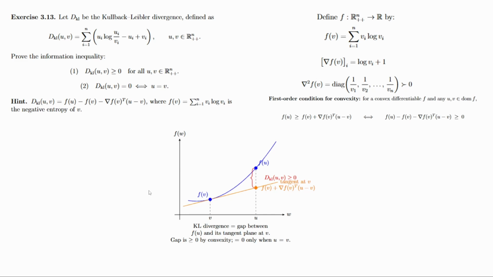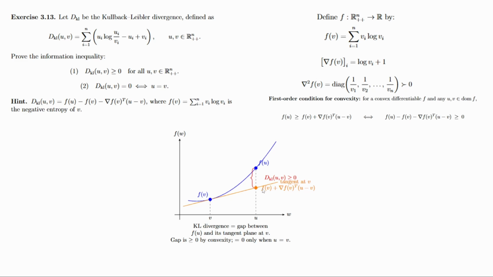The KL divergence can be interpreted as the gap between f of u and its tangent plane at v. So convexity guarantees that the gap is non-negative. Strict convexity says the gap is 0 only when u equals v. So for example, a strictly convex function will never be a straight line, because then it would be overlapping with the tangent plane everywhere.